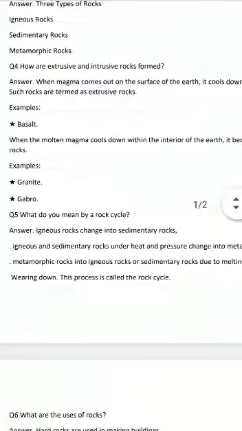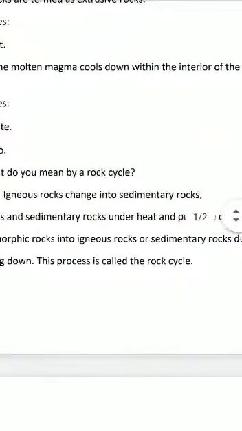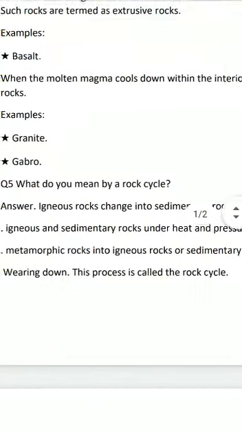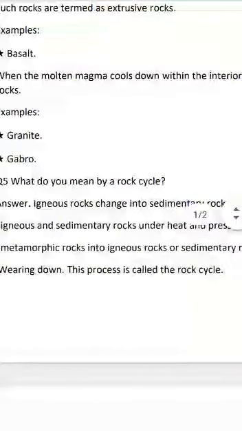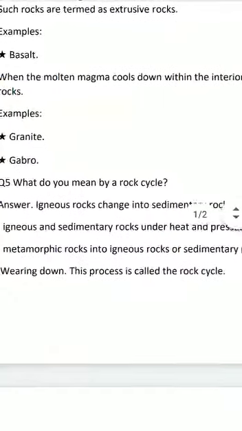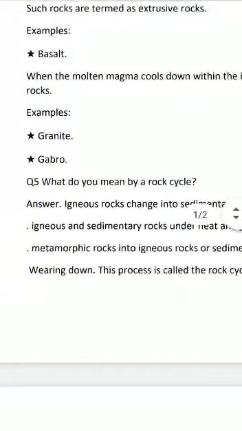But see, as far as this rock cycle is concerned, you can write here in your own words also. Rock cycle: igneous rocks change into sedimentary rocks, then you can write that under great heat and pressure, igneous rocks and sedimentary rocks change into metamorphic rocks.